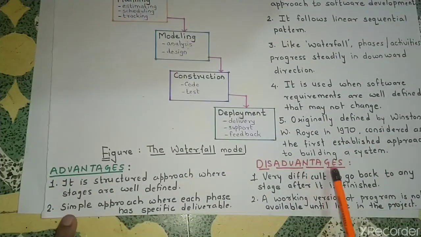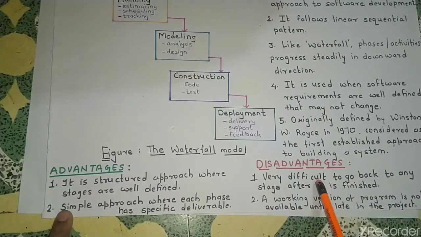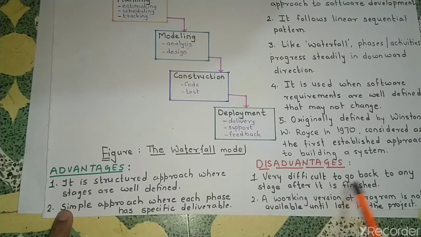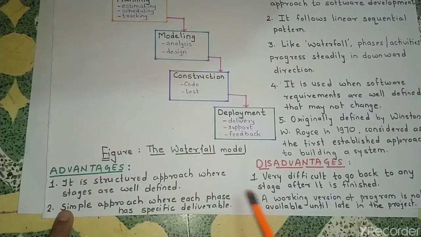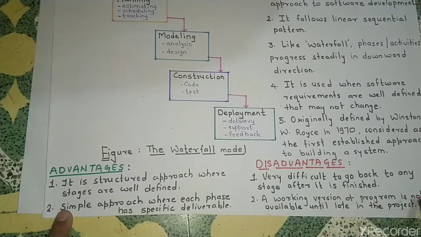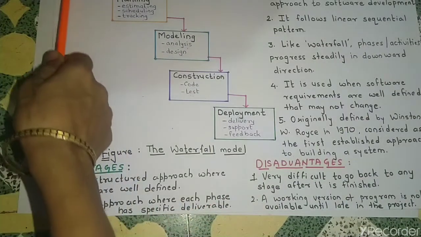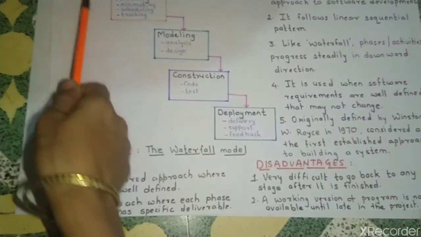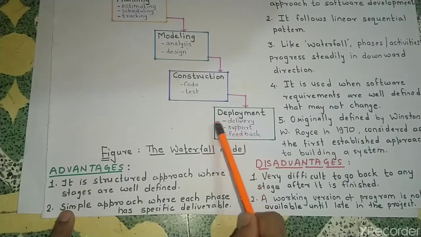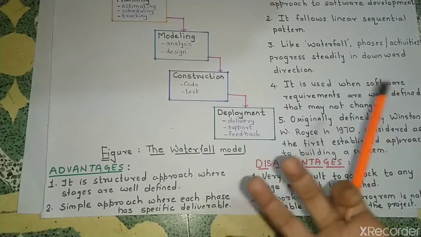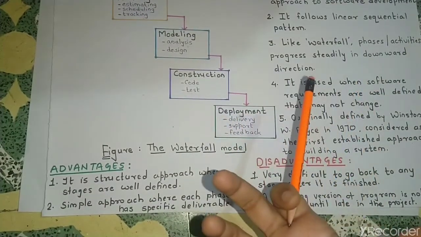Now what is the disadvantage? It is very difficult to go back to any stage after it is finished. This is what the industry is believing. A working version of the program is not available until late in the project. Now this is important: we started from this phase, and when we came here, that was the time the actual system was available for us to see.